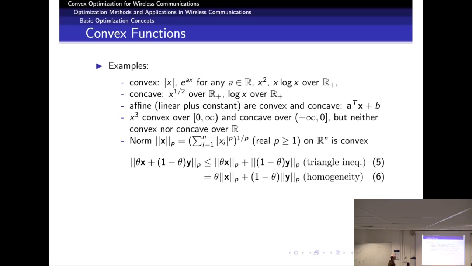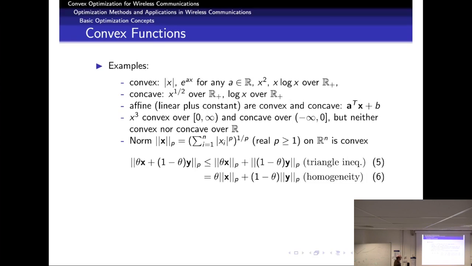Right? So this is a convex function. Exponential of ax for any a in the real field, right? This will be convex as well. Exponential is something that goes like this. So you take any 2 points here and there, and you're going to have a line segment here that will be above the function itself, right?